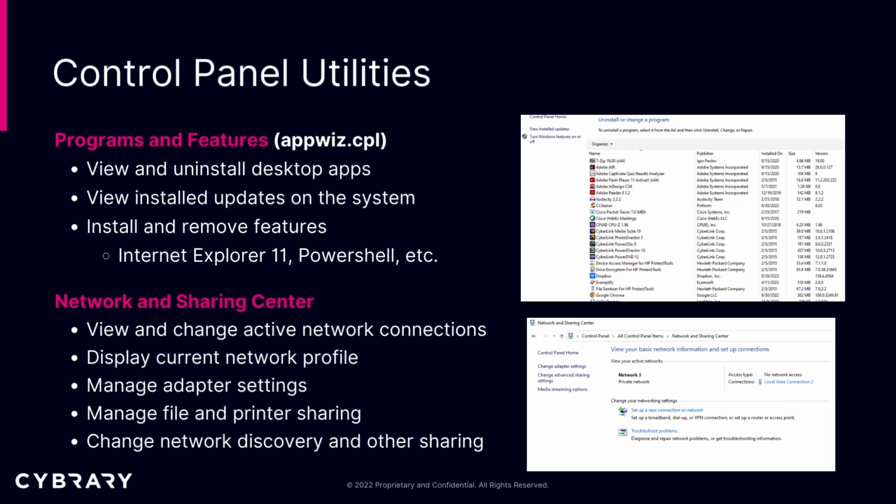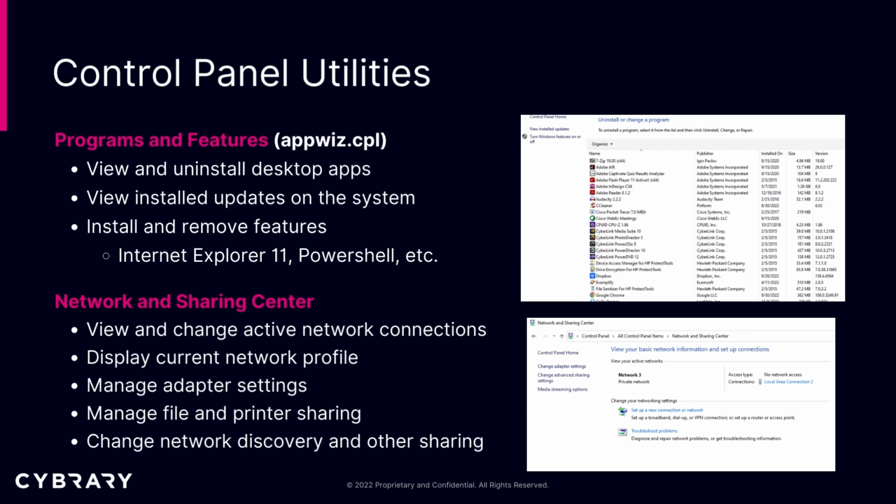You can also see the installed updates by clicking View Installed Updates on the left hand side of the applet. This applet lets you install and remove features in Windows. You can turn on or turn off Windows features for different applications. They're all part of the OS, like Internet Explorer, PowerShell, things like that. You can turn those off and turn those on or not include those features.